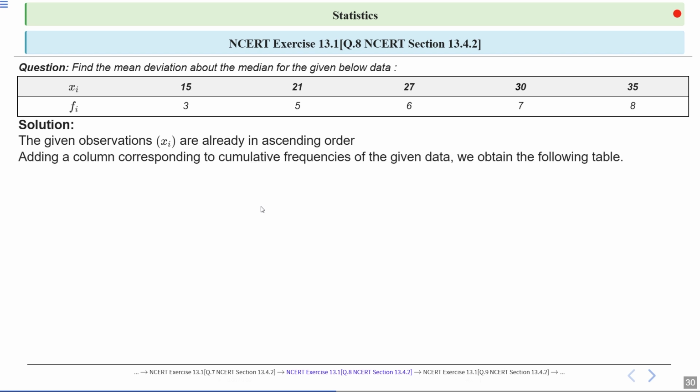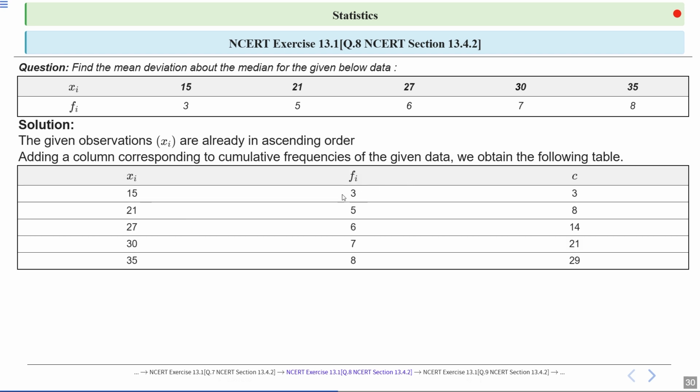Now let's add a column for cumulative frequencies, which we will call C. Notice in the table, xi values are 15, 21, 27, 30 and 35, and their frequencies are 3, 5, 6, 7 and 8.